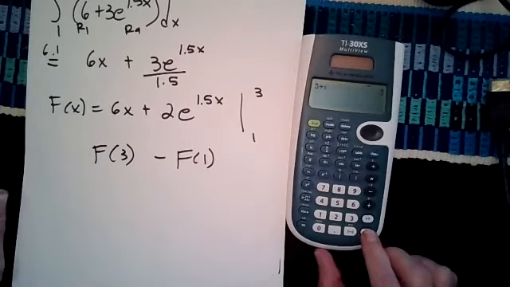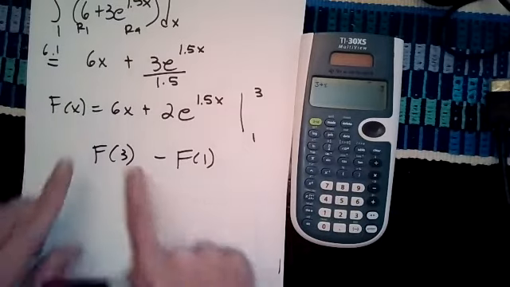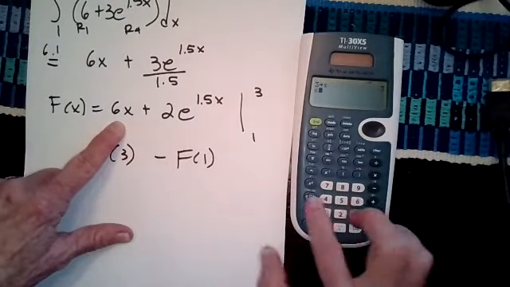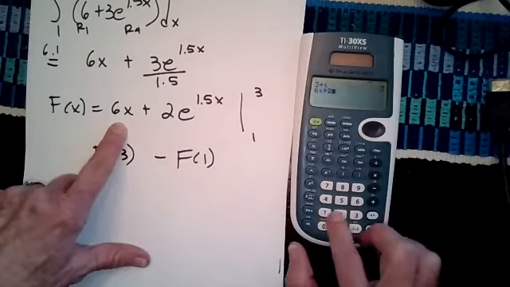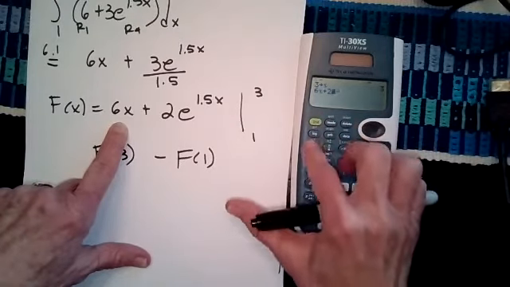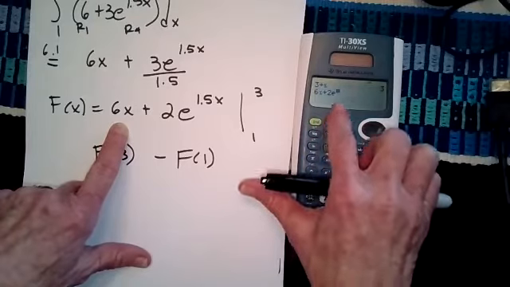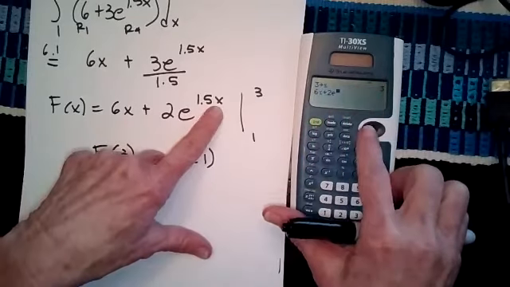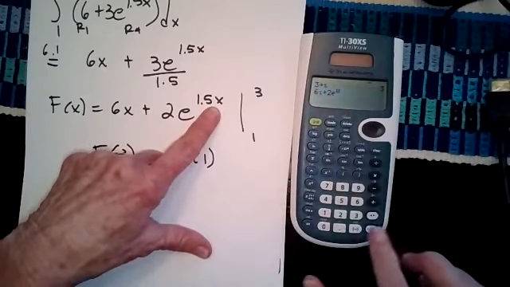Okay, and I type in my antiderivative, 6x, there's my x, plus 2, and the E is on the second function of the ln, so it's second function ln, and it gives you 2e, and it blinks in the exponent. So that's where I put my 1.5x.